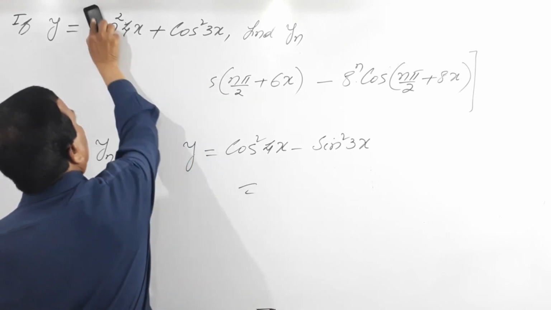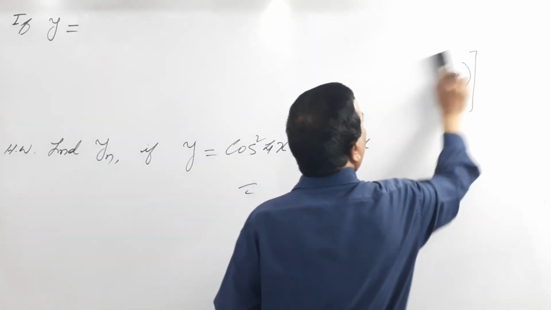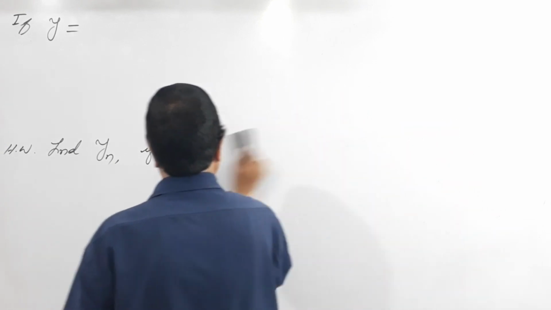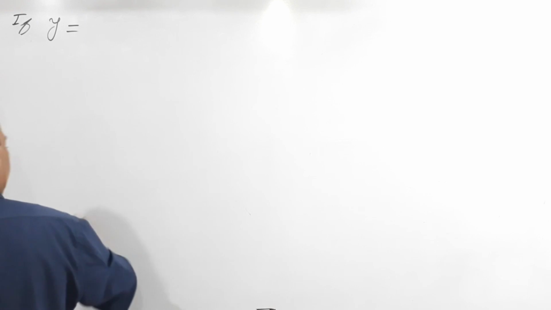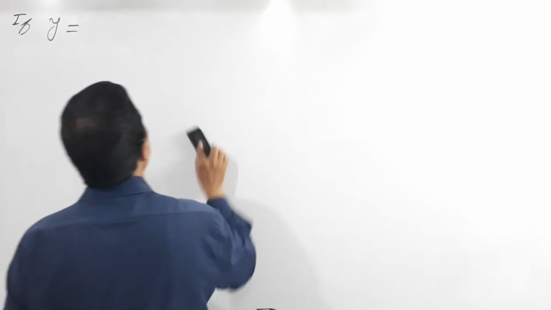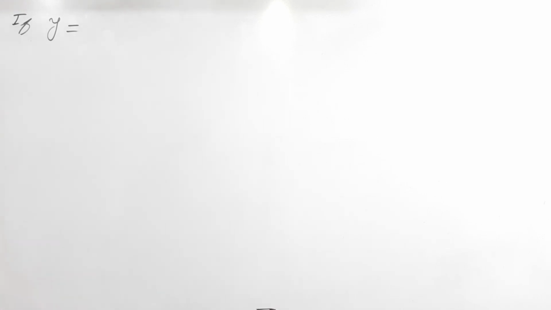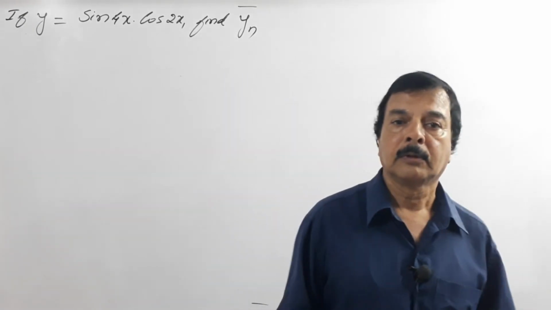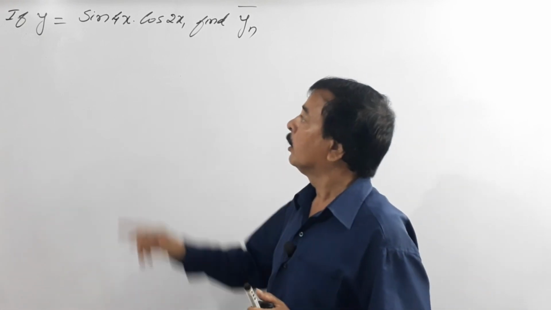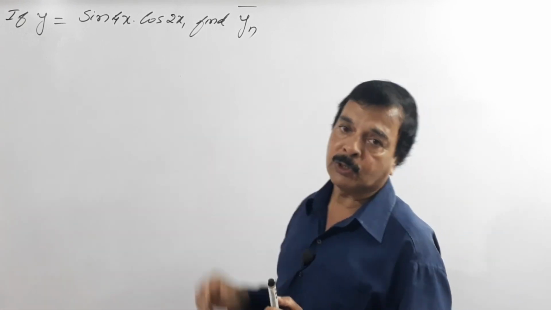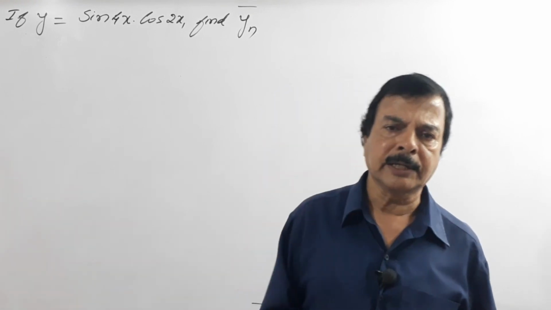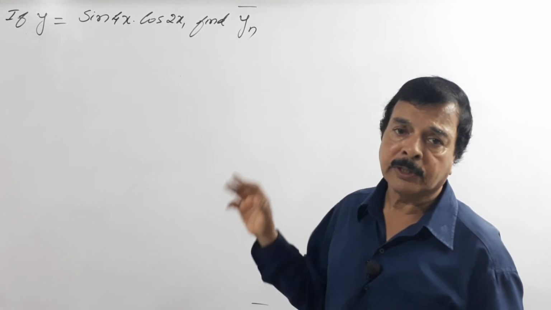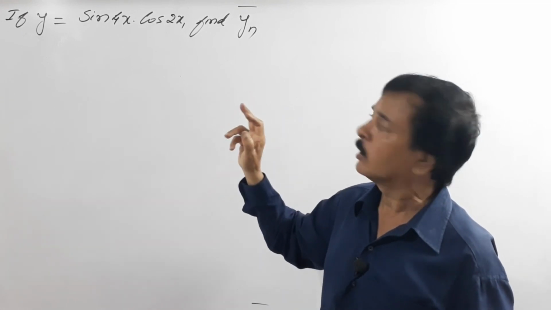So dear students, here is a problem: y equals sin of 4x into cos 2x. So you can do this problem very easily. Here we know sin a into cos b.